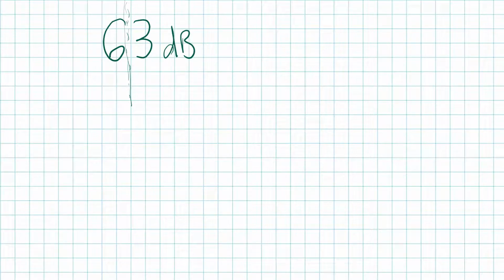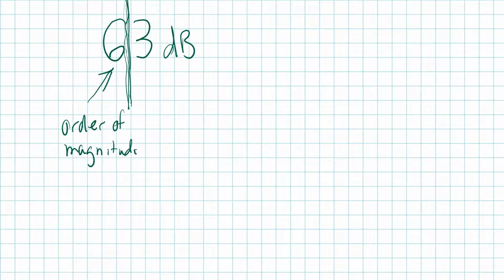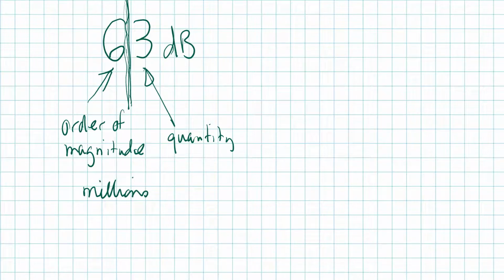So now if you draw a line such as what I've done here, what you end up with is the order of magnitude on the left, and then the quantity on the right. So in this case, we have 10 to the 6th, so millions. And then the quantity is 3 dB worth of them.